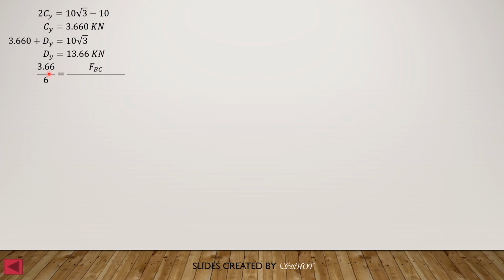ratio. So 3.66 is to 6 equals FBC is to square root of... this is distance BC.